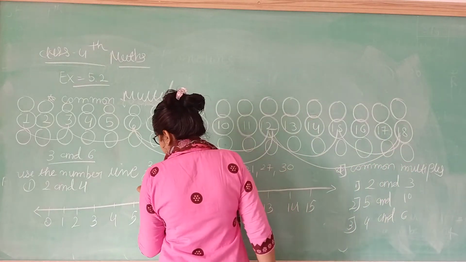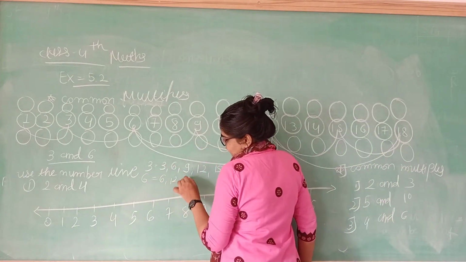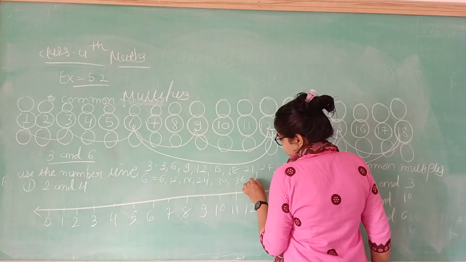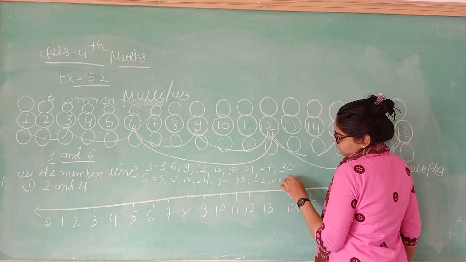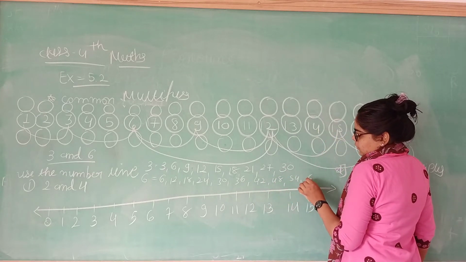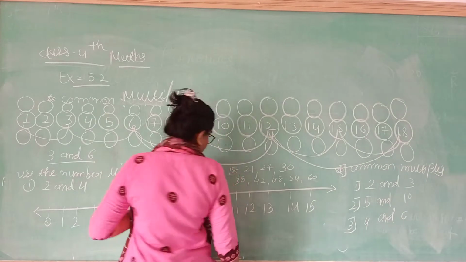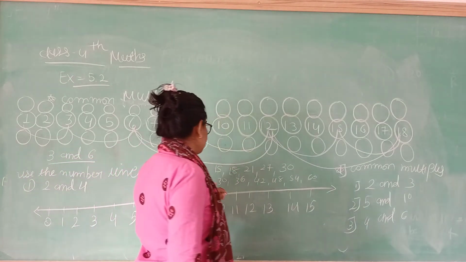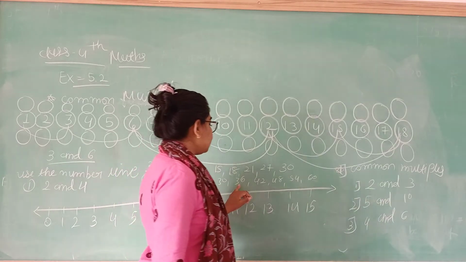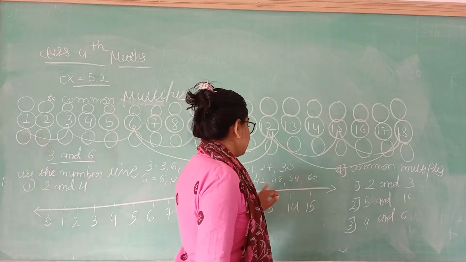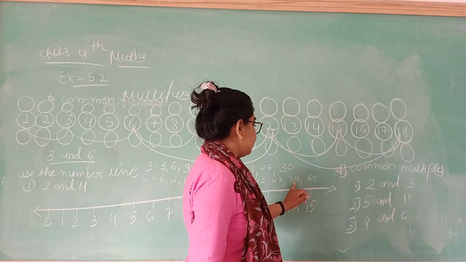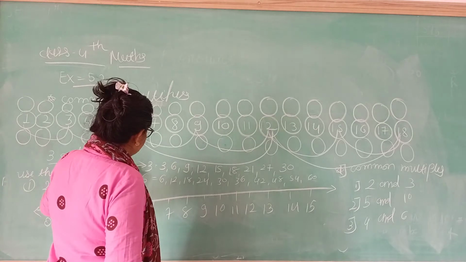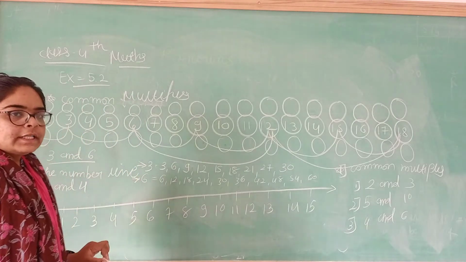Then 6: 6 ones are 6, 6 twos are 12, 6 threes are 18, 6 fours are 24, 6 fives are 30, 6 sixes are 36, 6 sevens are 42, 6 eights are 48, 6 nines are 54, and 6 tens are 60. This is the multiples of 3 and this one is the multiples of 6.